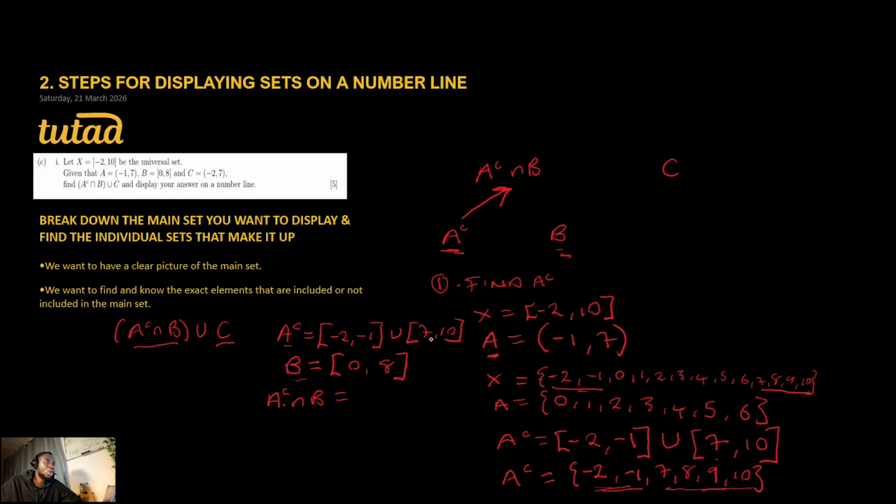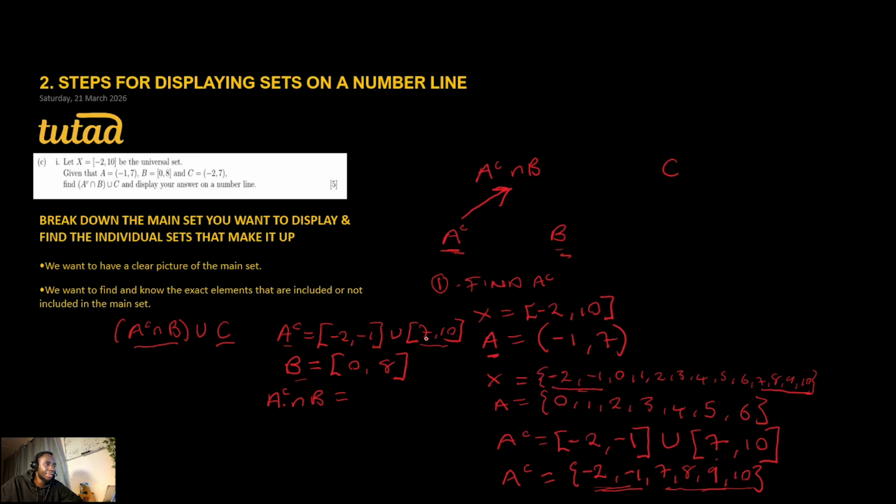That means that we have to look at the second part of A complement, which is 7 to 10. If we look at our set B down here, we can see that set B starts from 0 all the way up to 8. And 8 is included, 0 is also included. When we look at the second part of our A complement, it starts from 7 all the way up to 10. What elements are common between this part of A complement and set B?